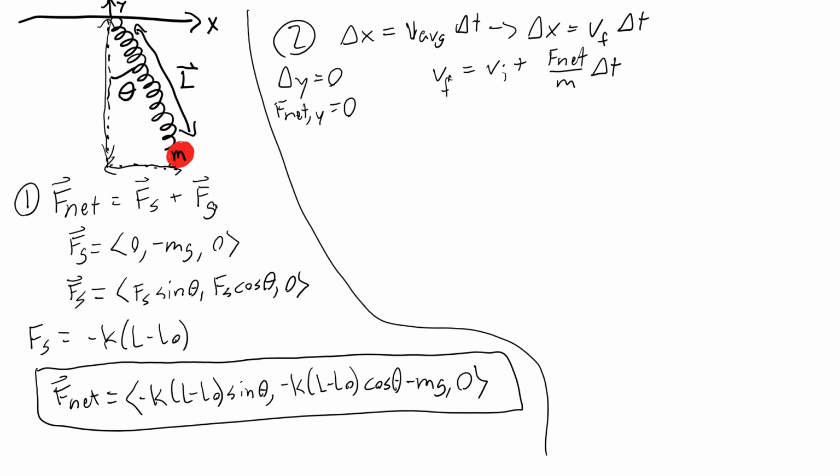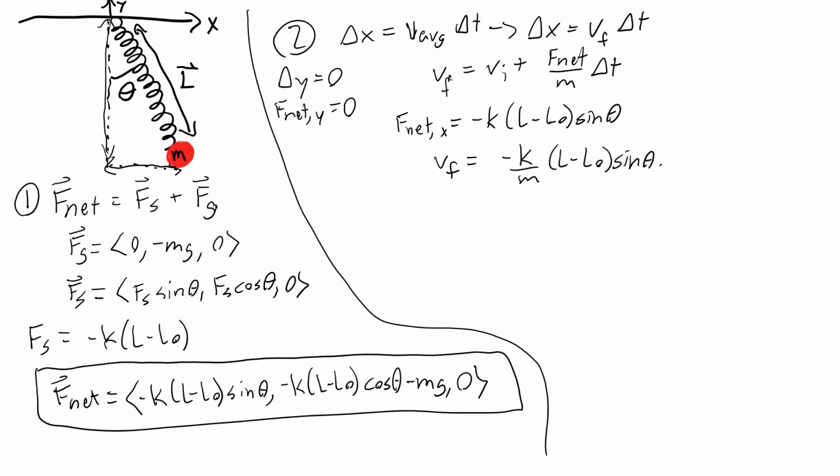So our net force in the x is just negative k (L minus L naught) sine theta, and then we have the mass m and delta t. We don't know what delta t is, but we'll leave it as that. And then initial velocity is 0. So now we can write out final velocity is equal to negative k over m (L minus L naught) sine theta delta t.